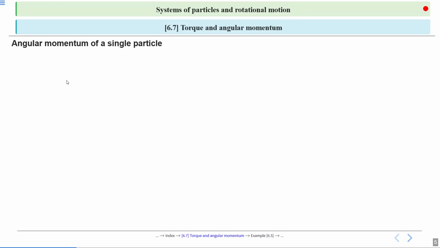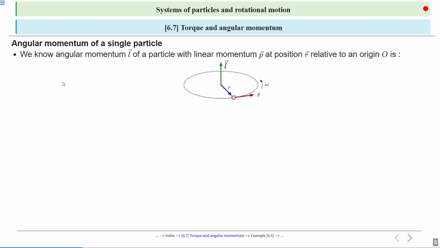So, angular momentum of a single particle. We know the angular momentum of a particle is denoted by small l, whereas the linear momentum of a particle is denoted as small p.